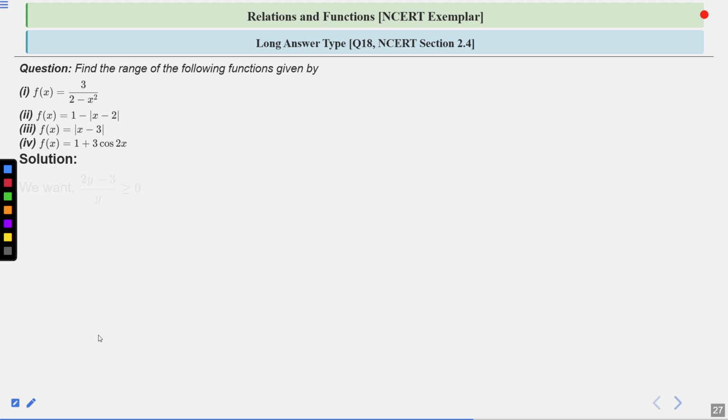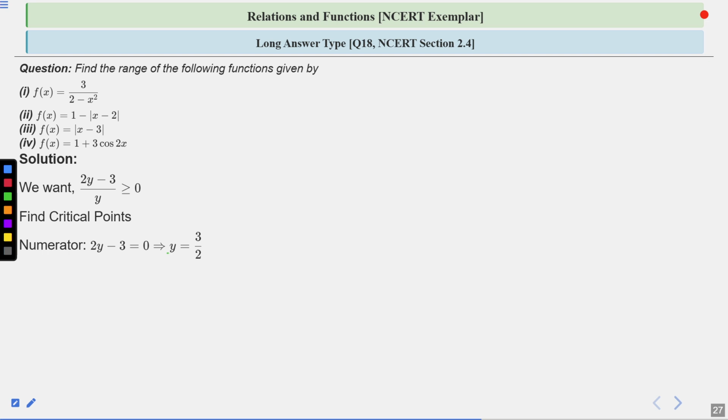Now (2y minus 3) divided by y must be greater than or equal to 0. So first find out some critical points. How are we going to do that? Quite simple. In order to find the critical points, just solve for when the numerator is 0 and when the denominator is 0.